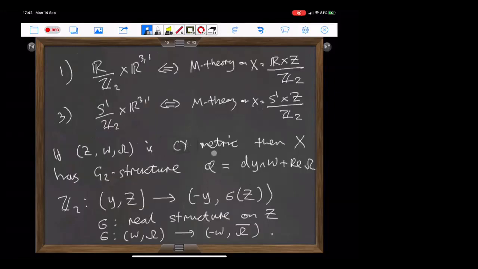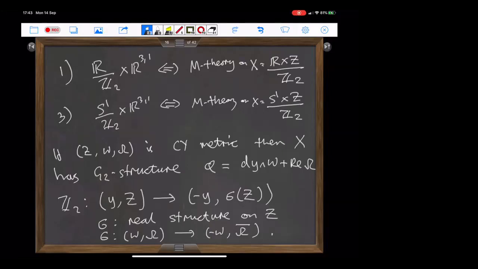And the geometric interpretation of both of these cases is given here. So in case 1, we consider a G2 manifold, which starts with our original Calabi-Yau manifold that gave us a 5-dimensional theory, which we're calling Z. We take the flat product with a real line, and then we have a quotient by Z2, which is acting on the 7-manifold in some way that is described below.